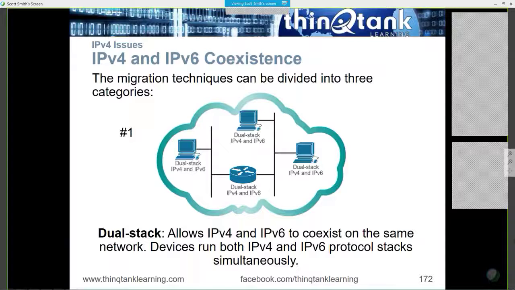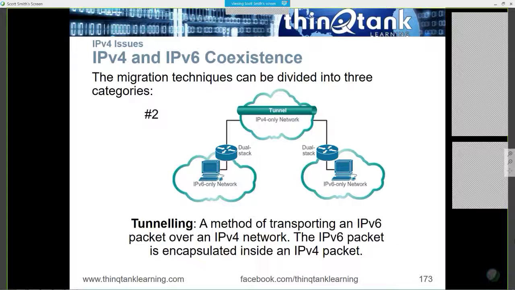You can do some translations as well. You can do 6-to-4 tunneling. Let's say your service provider doesn't support IPv6, but you want to run IPv6 inside your enterprise. You can actually tunnel IPv6 traffic inside of IPv4. You would just carry it as payload. That's called 6-to-4 tunneling. And there's some other tunneling methods.